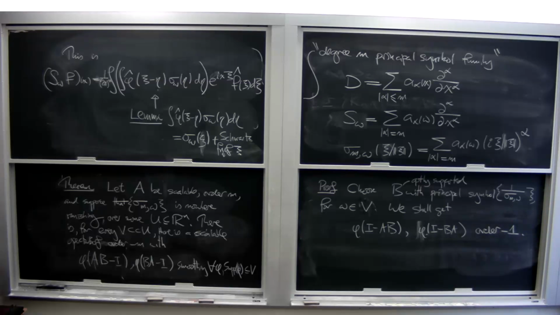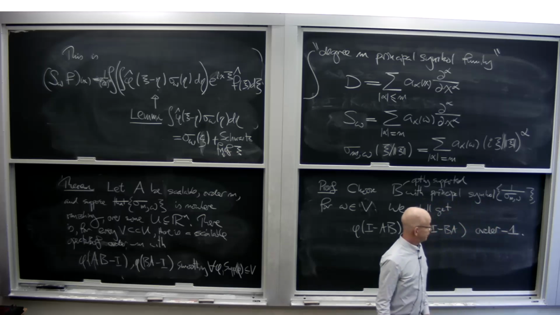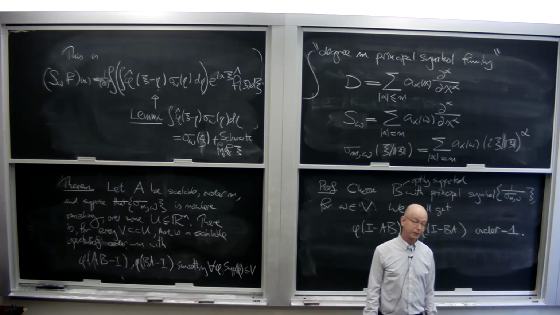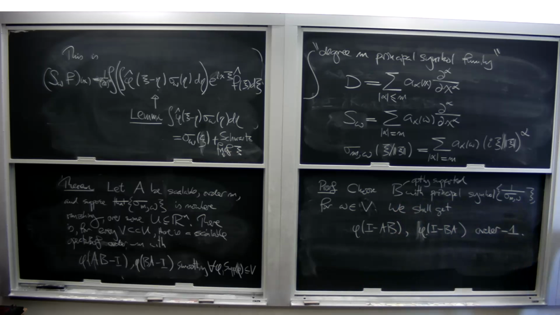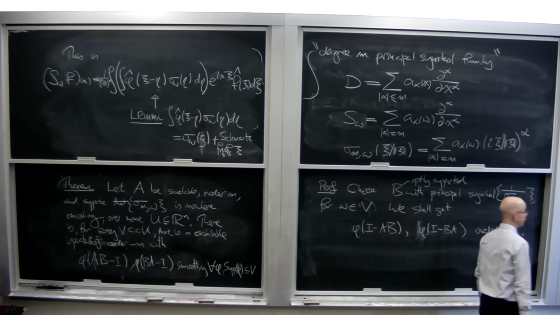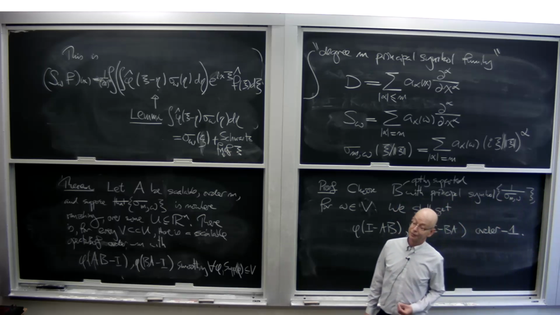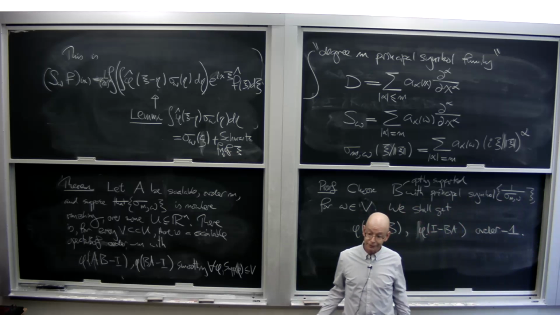Okay, now we can stop the quotation marks. This is a formula for AB inverse whenever it makes sense. And if you take this series, and whenever it makes sense, and you multiply it by B, then you'll get an operator which is inverse to A whenever it makes sense.